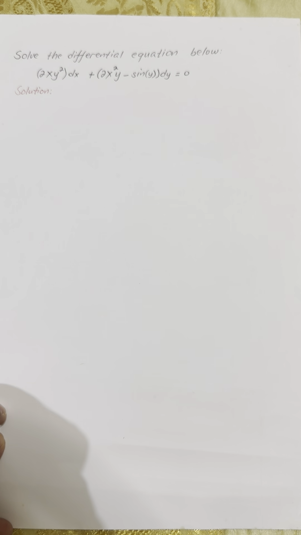So assuming that you have already tried the other methods, you have tried testing this one for variable separable, and you find out that it's not possible, you cannot separate the variables. You have tried whether it's homogeneous, so that we can do the substitution, or you've tried linear first order DE and still it didn't work.